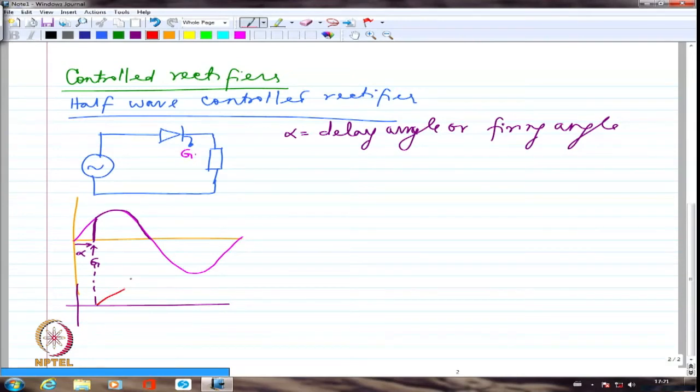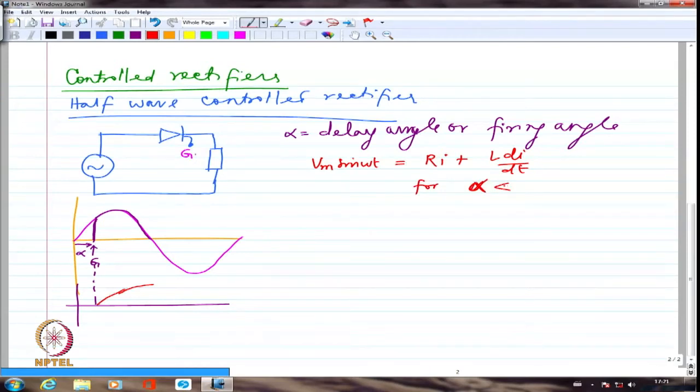It will rise, and until what point it will rise depends upon what we wrote as the equation, if you may recall: Vm sin omega t equal to Ri plus L di by dt. This will be the governing equation, and this is true when I am going to start from alpha.